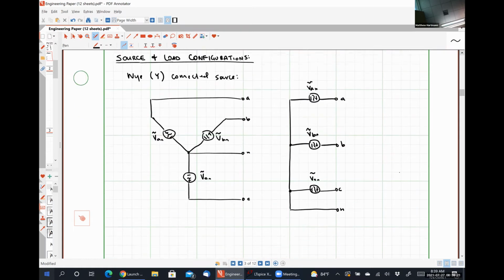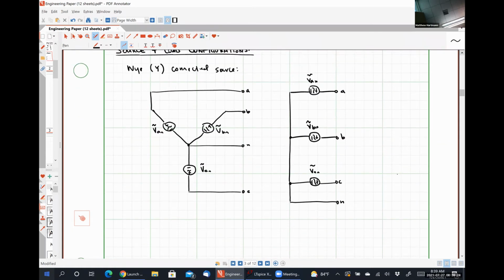All right, so I would like to now introduce the concept of phase voltages. Okay, so a phase voltage is the voltage drop over one phase of a source or load.